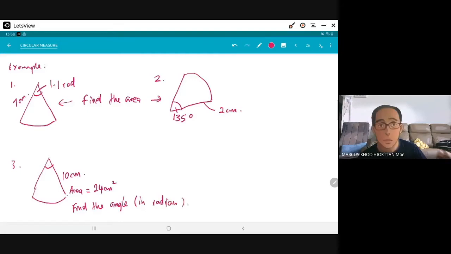Can all of you try these 3 questions first? And then after that, I will call 3 people to give me the answer. Just to remind you, the formula is A equals to 1 over 2 r squared theta. Question 1 and 2, find the area. Question 3, find the angle.